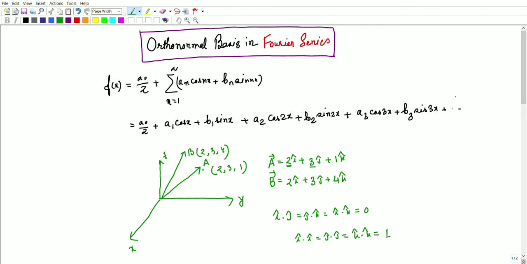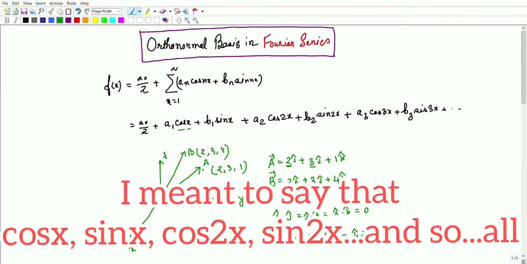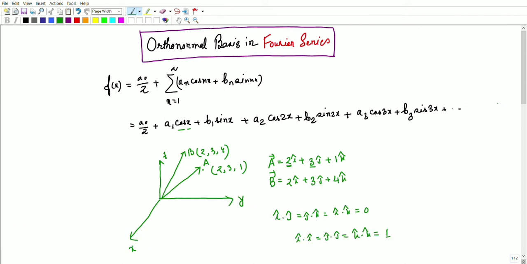In this Fourier series, cos x, sin x, cos 2x, sin 2x, cos 4x, sin 4x, suppose cos 50x, sin 50x, all these are orthogonal basis functions. Here not orthonormal, I have not come to the orthonormality case in the sine and cosine functions till now. Okay, these all are orthogonal basis functions here.